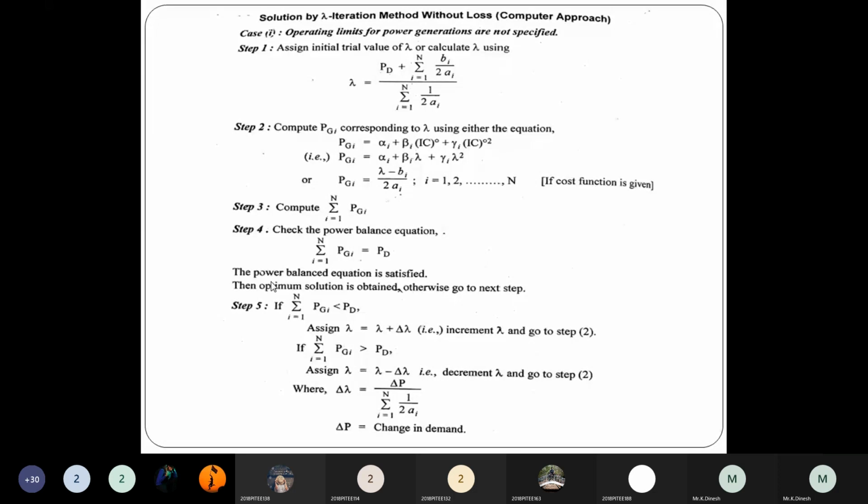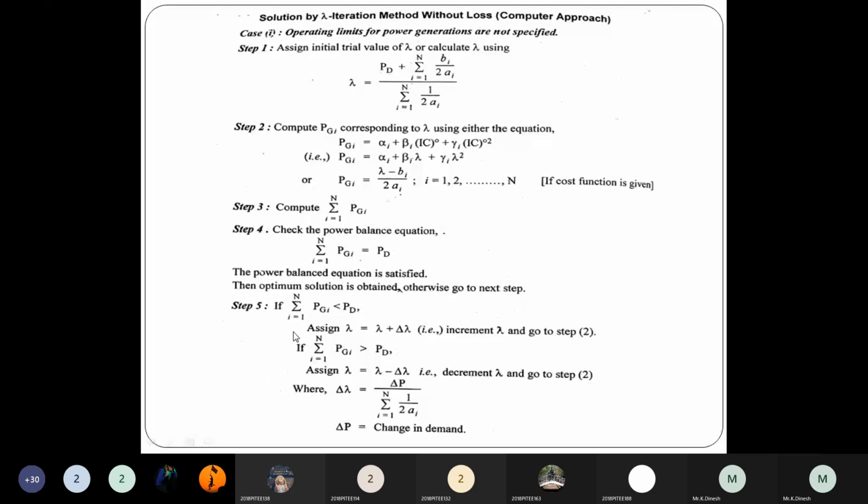So this power balance should be satisfied, and we are performing this kind of analysis. If an optimum solution is required, your generation should equal your demand. Then only the optimum solution is achieved. If it is not achieved, we have to proceed with the next step.